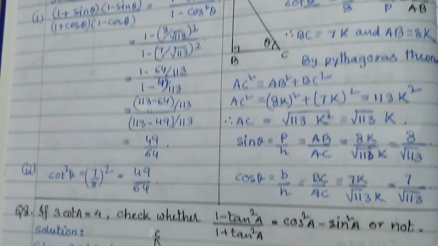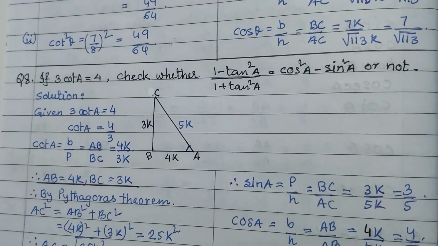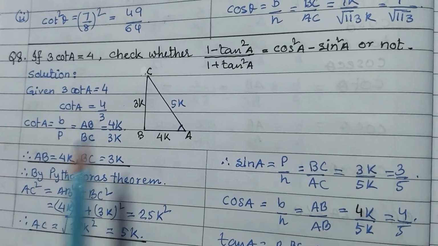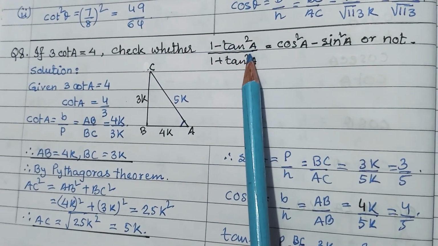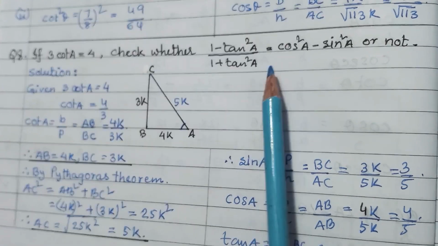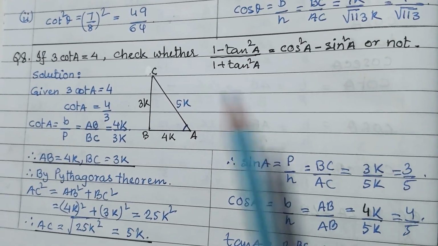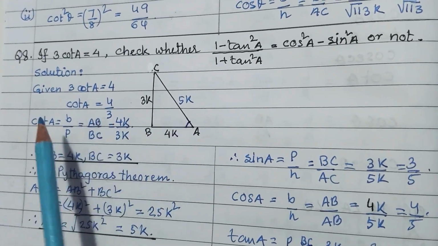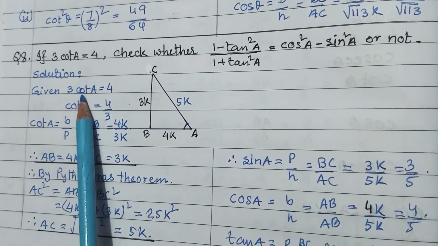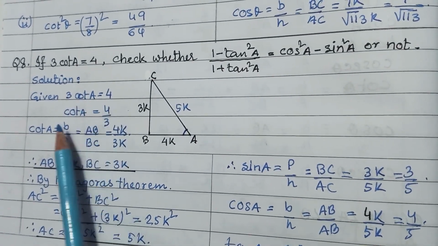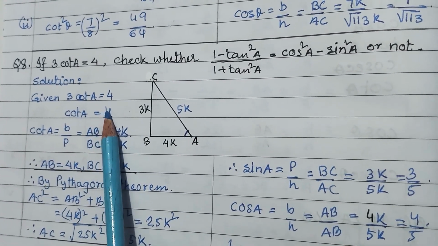Question number 8: if 3 cot A is equal to 4, check whether (1 minus tan square A) upon (1 plus tan square A) is equal to cos square A minus sin square A or not. Now the solution: it is given 3 cot A is equal to 4. 3 will shift to the right hand side. So cot A is equal to 4 upon 3.